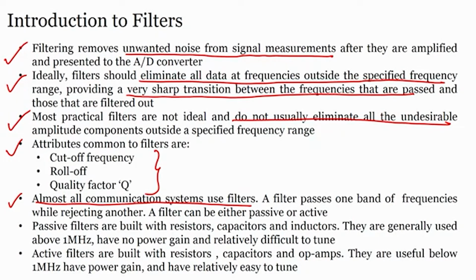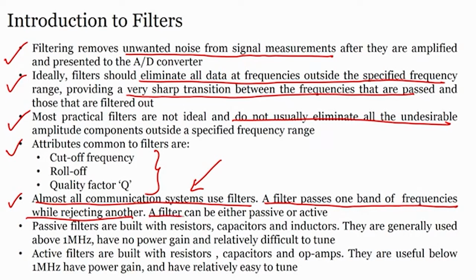alright. So, anyway, coming back to the filters, the main advantage or the main application of filters is in communication systems. So, almost all communication systems use filters. A filter passes one band of frequencies while rejecting another.